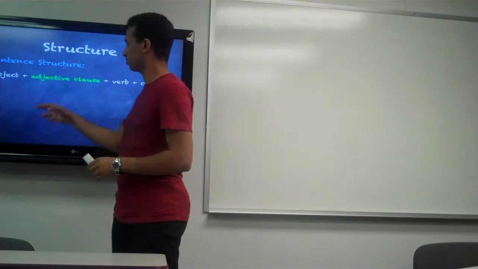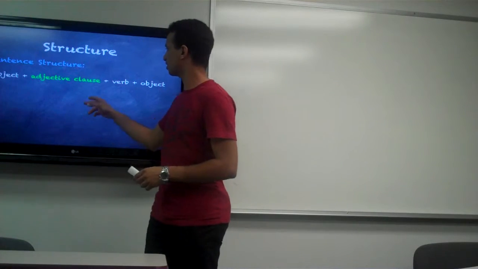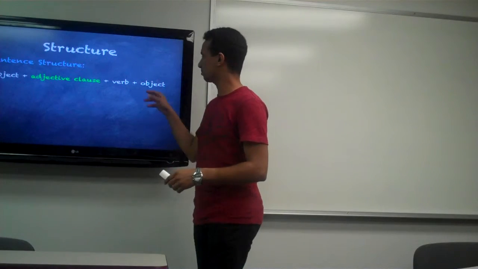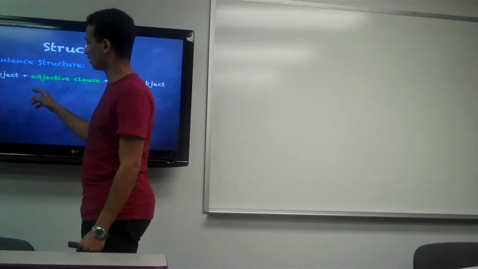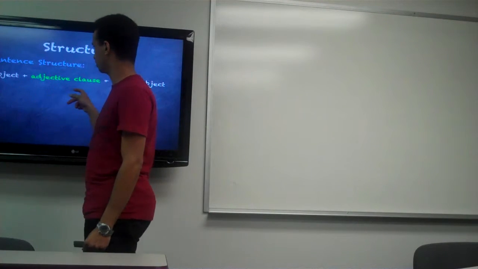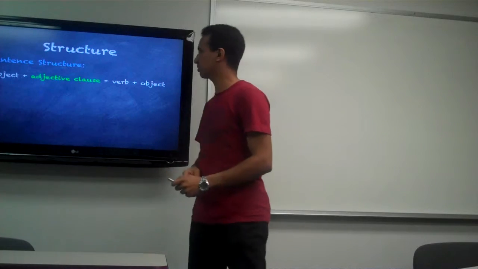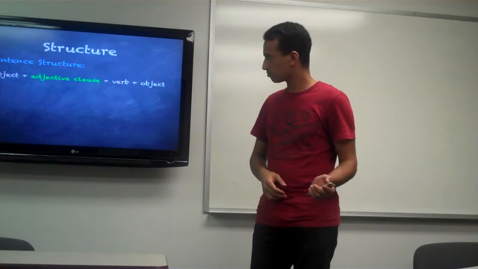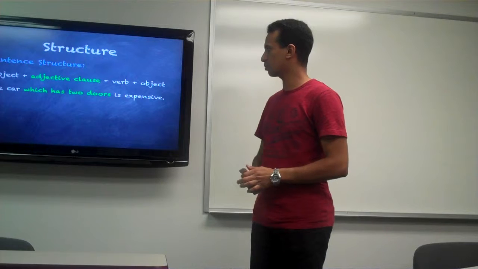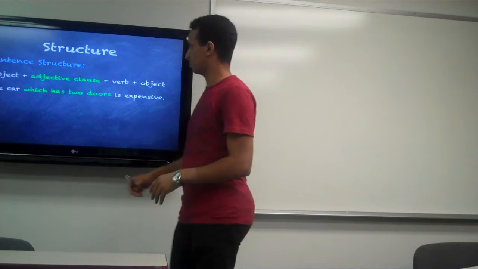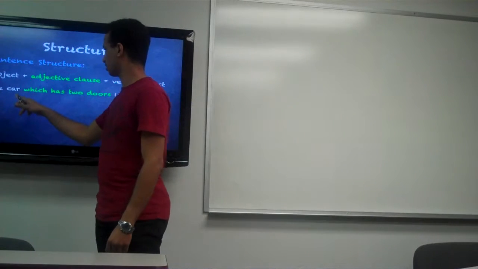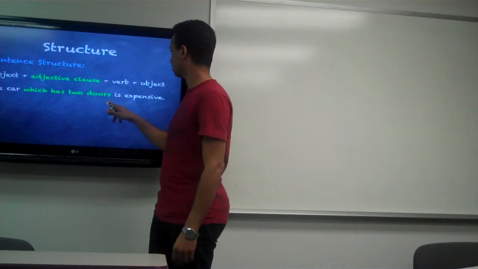Here's the structure. We start with the subject. You can add the adjective clause plus the verb, and it comes directly after the subject. In the first way, we have different ways. For example, the car which has 2 doors is expensive. So the car is the subject. Here's the adjective clause.